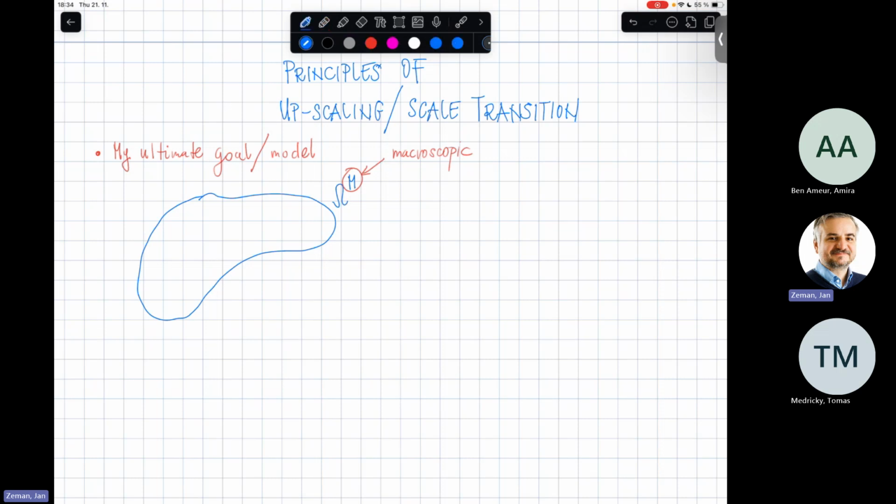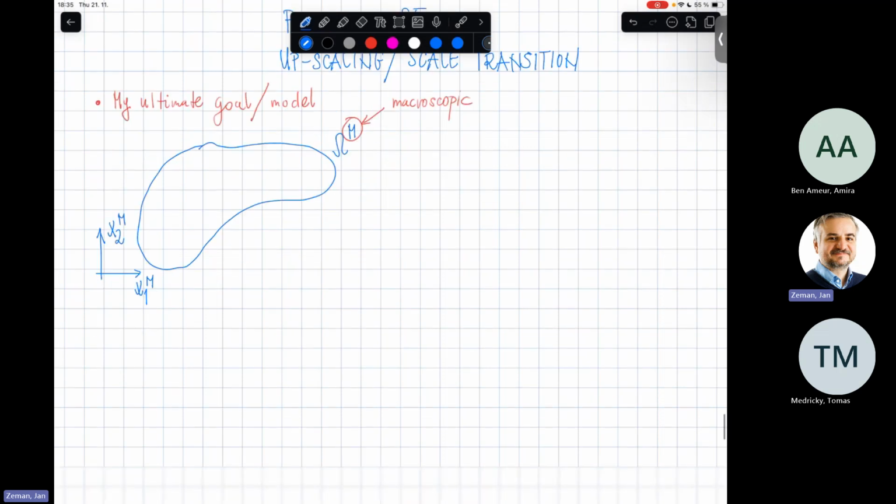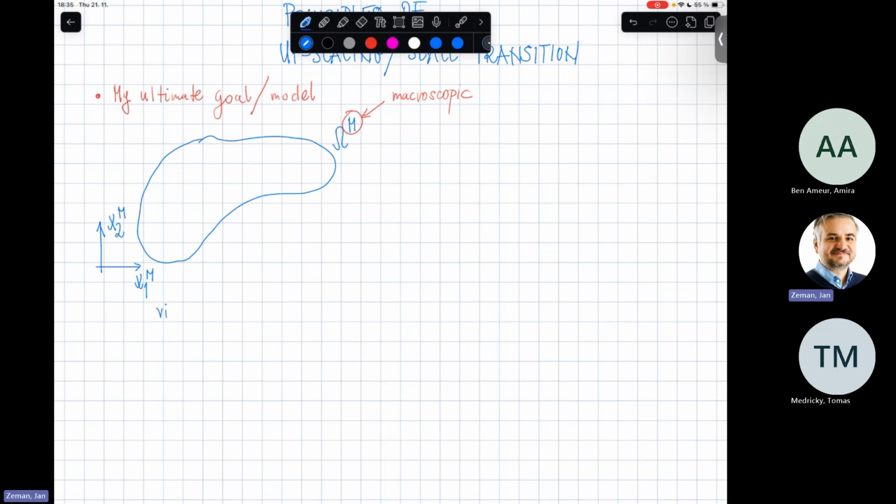So basically, if I would like to understand what this macroscopic means, this is my viewpoint of engineering analysis, right?